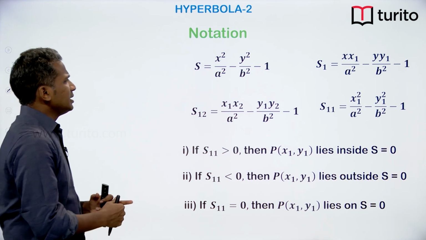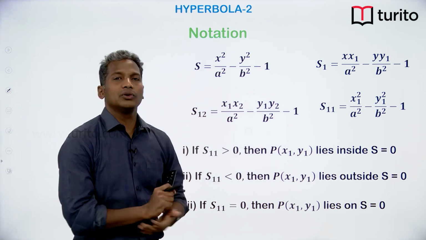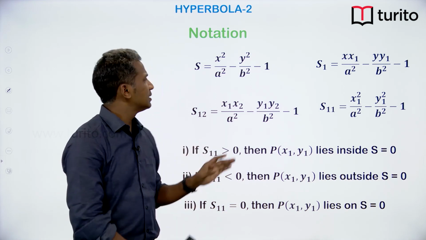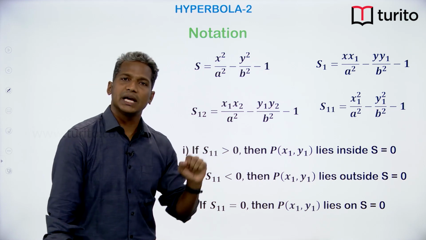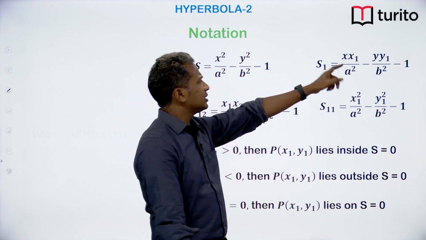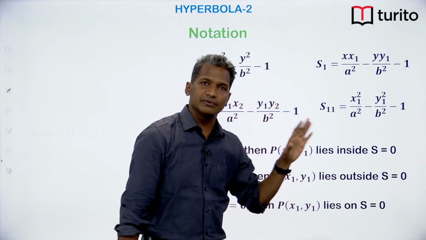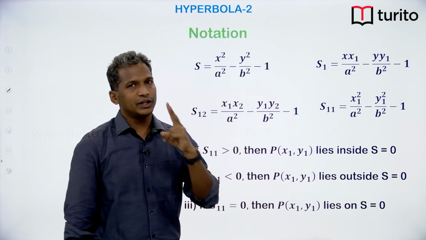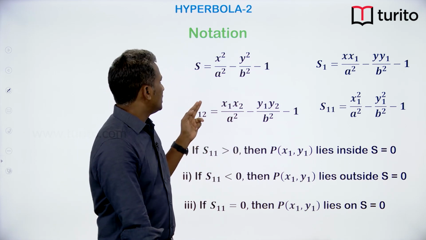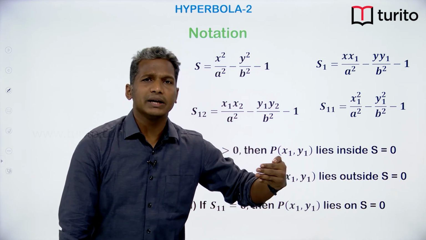Now, in the notation, this is the standard notation that we have been following since circles. If I take the curve, we generally denote that with S, and for the partial substitution of the point, we denote it with S1. S1 has degree 1, S has degree 2. So, S equal to 0 will give us a curve, S1 equal to 0 will give us a line.